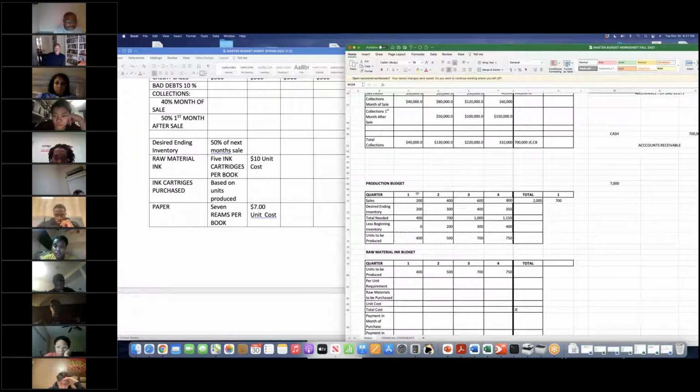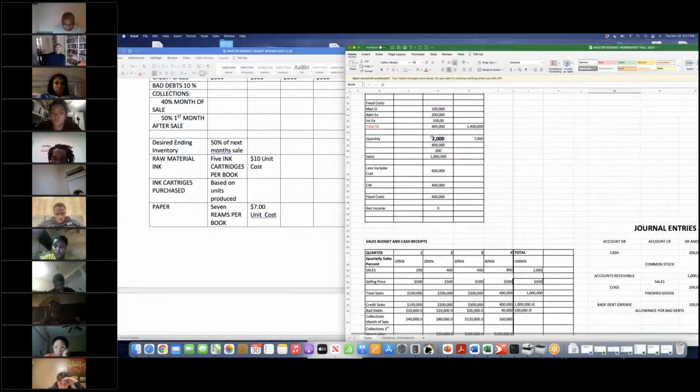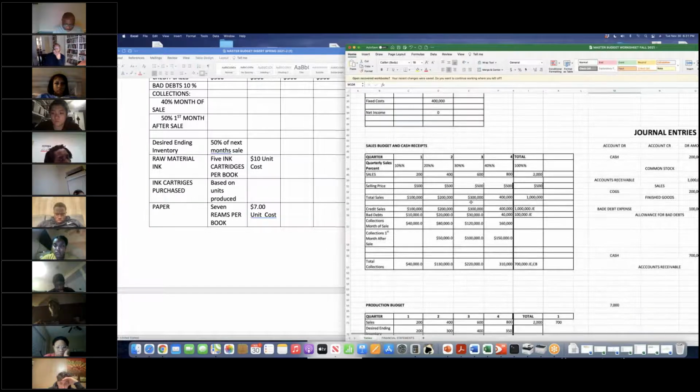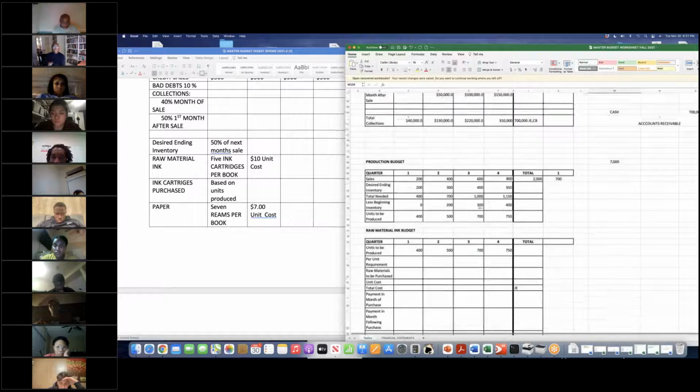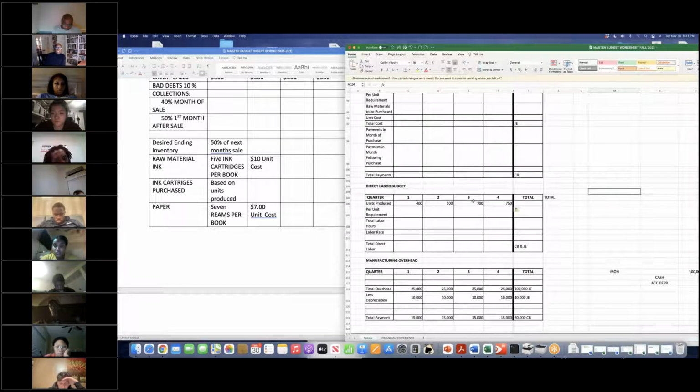And since the first thing on here is the sales, it's a good thing to have this number right. That's why you double check this number, because you're gonna miss a whole lot of things if you don't. But we're there now, so let's see if we can work on this direct labor budget.